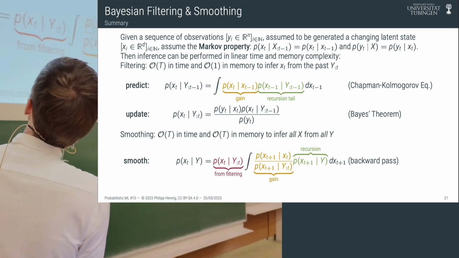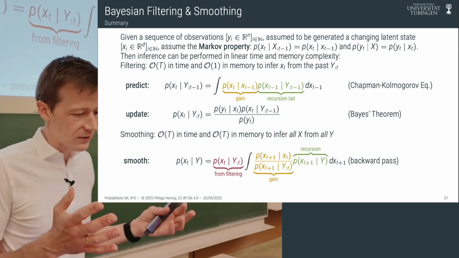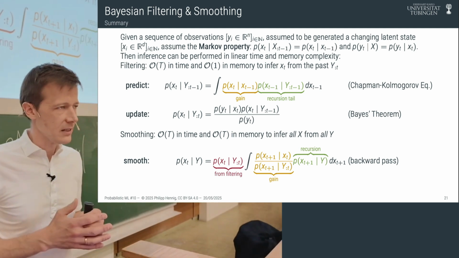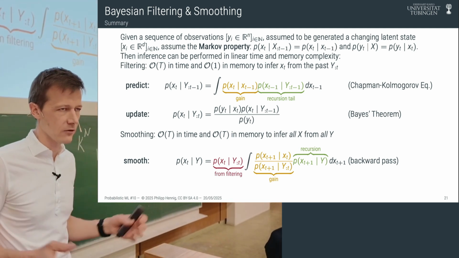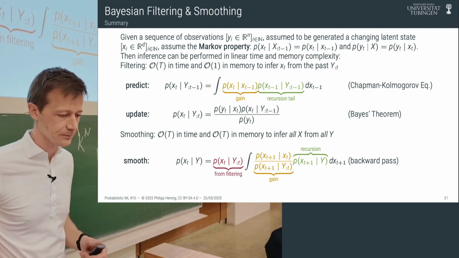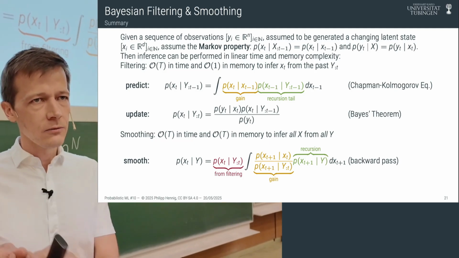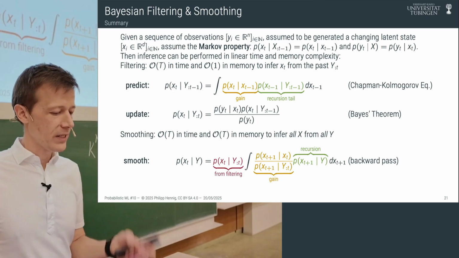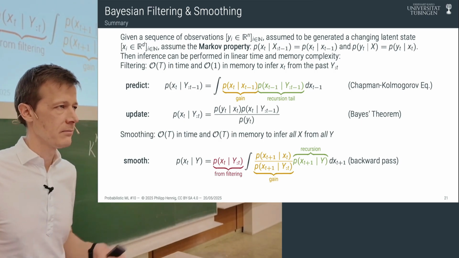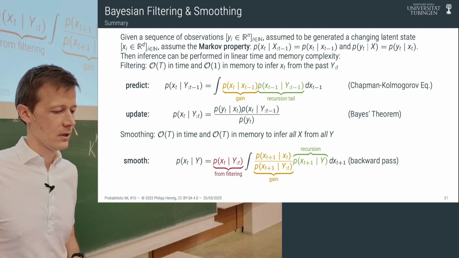So given a set of observations assumed to be generated by a changing latent state from a Markov chain with these local observation likelihoods and the Markov property for the dynamics of the state, the algorithm we need to implement has a structure that will give it complexity linear in time and in memory.